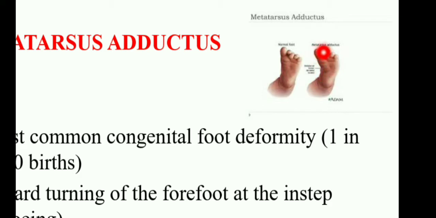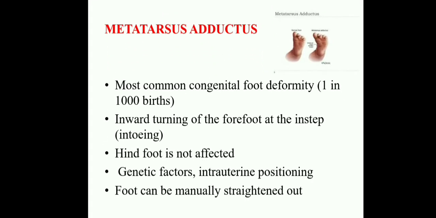The tarsal bones of the foot are contracted and flexed, with some deformity compared to the normal. It is turned towards the midline. Mostly the deformity is in the metatarsus, but the heel of the foot is normal. This is called metatarsus adductus.